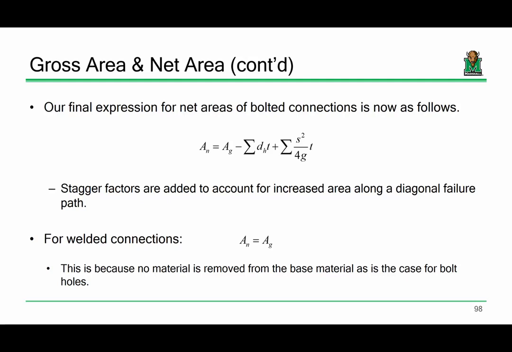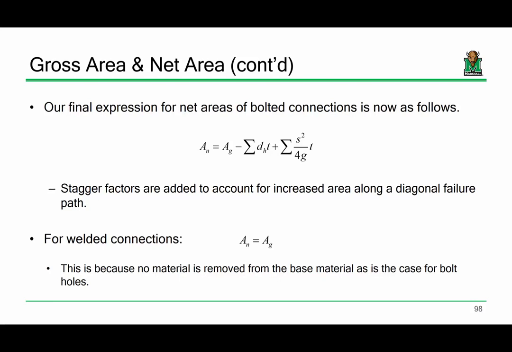Now, if you don't have any staggered paths, or if you just have a rectangular grid arrangement, then all your stagger factors are 0, and that corresponds to the same equation that we derived before. So I think this is a pretty reasonable expression.